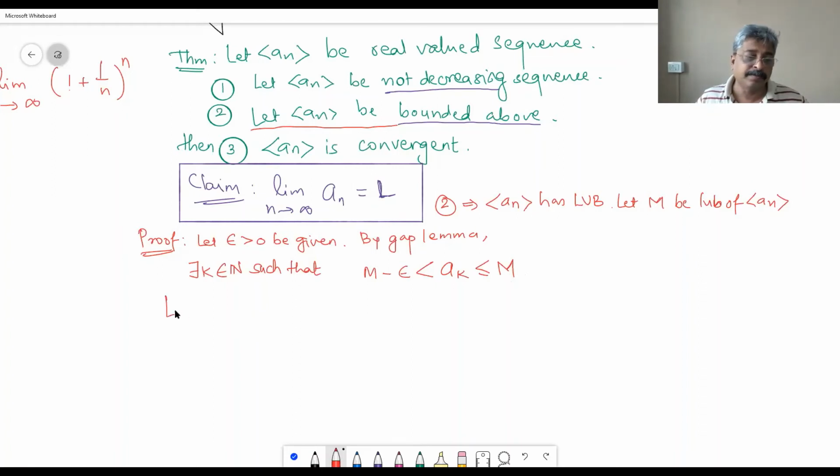Now let n be greater than k. This implies an is greater than or equal to ak.